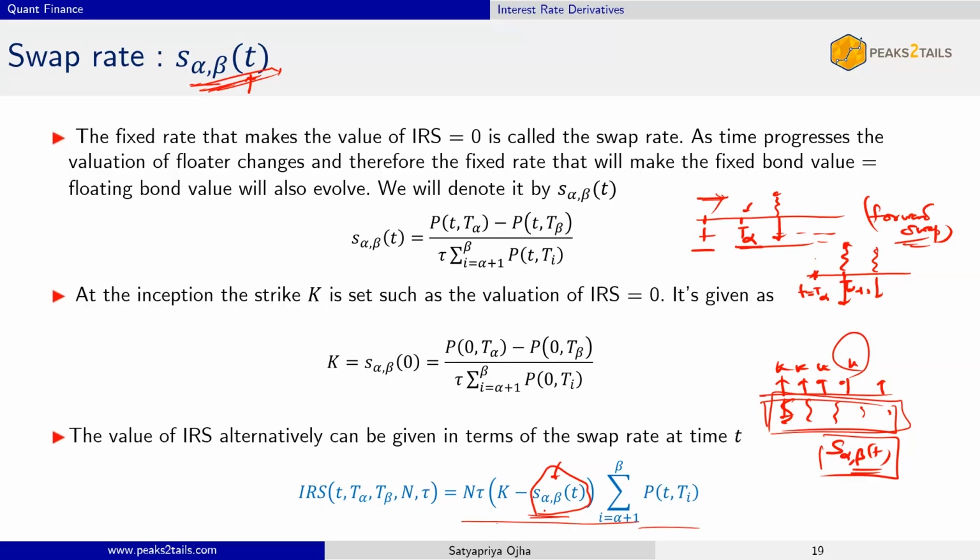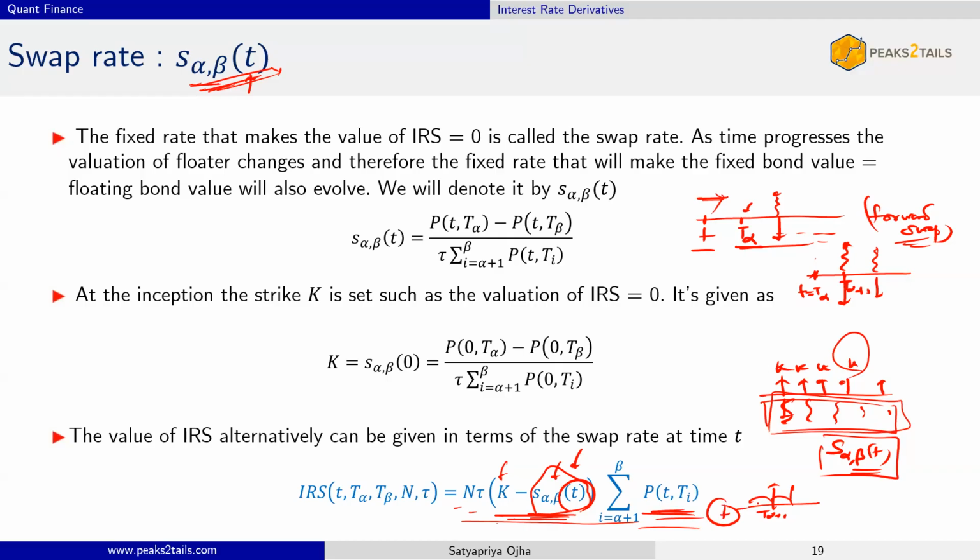So it's just fixed minus fixed. And this keeps getting updated with T. This is an alternative value. So it's just the difference of the two cash flows, N tau receive fixed minus pay hypothetical fixed. That's the swap rate times all the discounting factors. So all these cash flows are happening, right? From T alpha plus 1 onwards, discount everything back to T. Alternative formula.